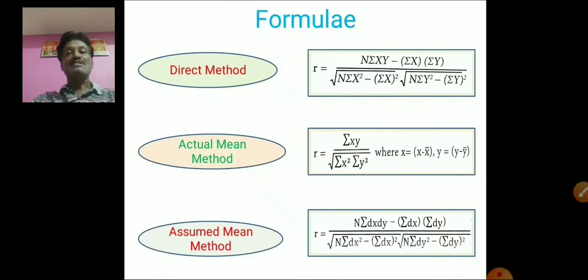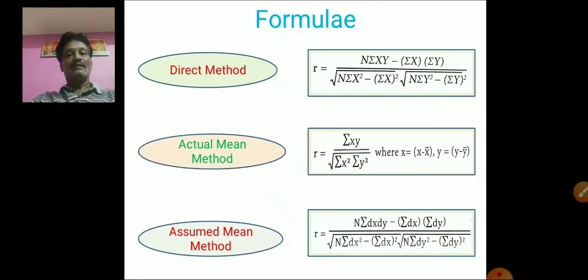Here the formula is very simple. R equal to sigma small xy divided by under root of sigma small x square into sigma small y square. Small x is nothing but x minus x bar, and small y is nothing but y minus y bar.